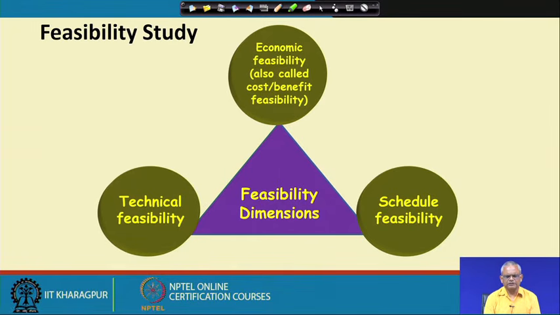He needs to determine three types of feasibility: whether it is cost wise feasible, the benefits will be much more than the cost incurred; the technical feasibility, whether it can be done; and the schedule feasibility, whether it can be done in time.